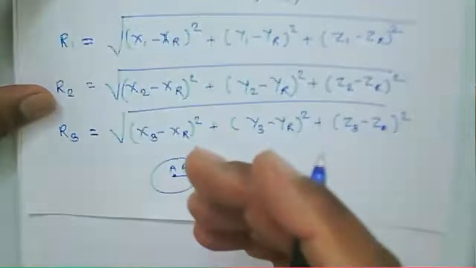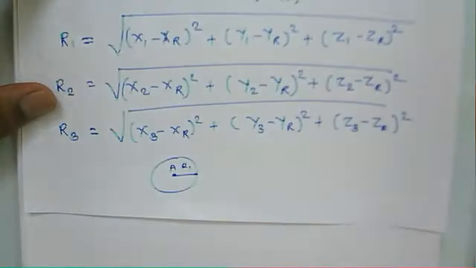Similarly we have R1, R2, R3, the range measurements from the satellites with respect to the receiver. Here we have considered the coordinate system of the satellites and of the receiver, and then obtained the range equations. But this is just showing the range.